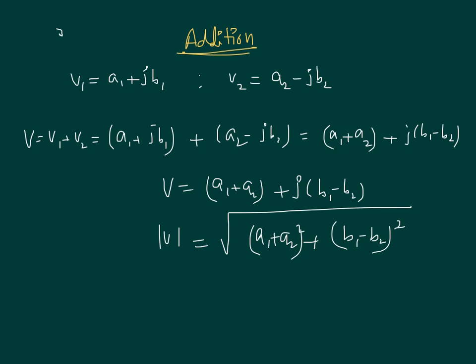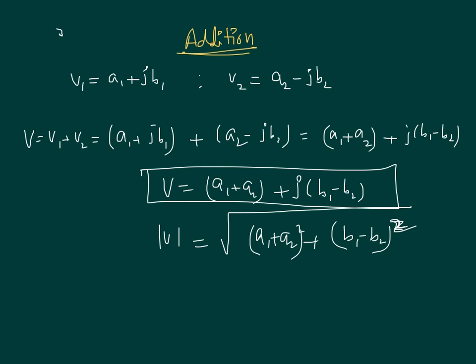The concept behind addition, multiplication, complex numbers, vector numbers, phasors, and all these things you can refer to in Essential Mathematics for Electrical Science. Similarly, we can perform subtraction, multiplication and division.